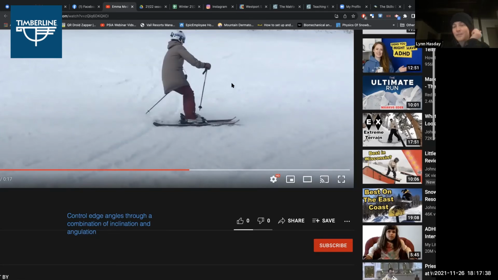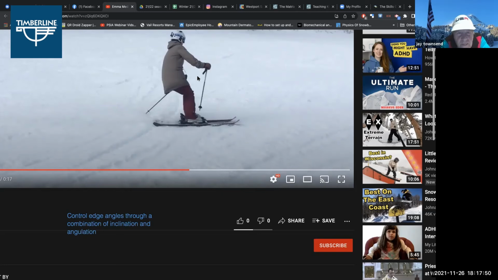Cool. So we're relating this to inclination and angulation, right? Correct. Explain to me what you see, please. Well, I don't see a lot of angulation there. It looks to me like the body is going the same direction as the skis.